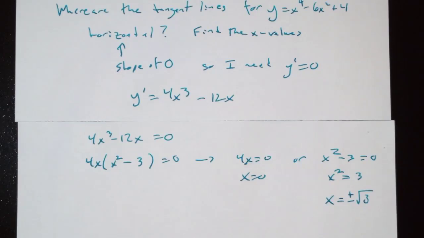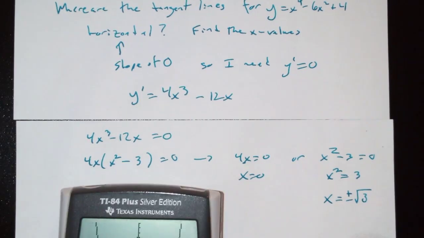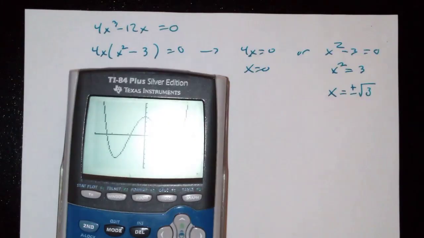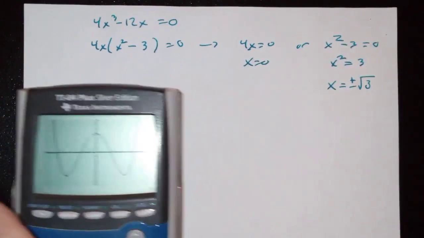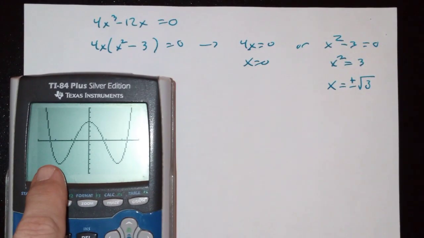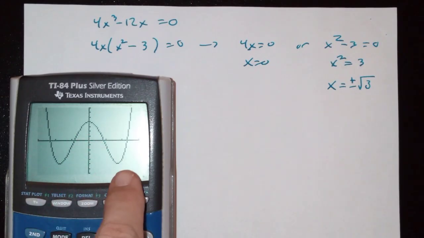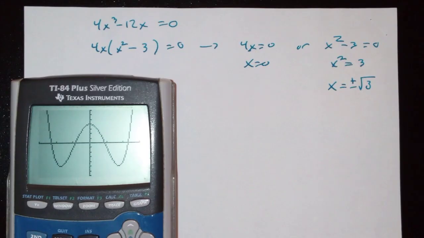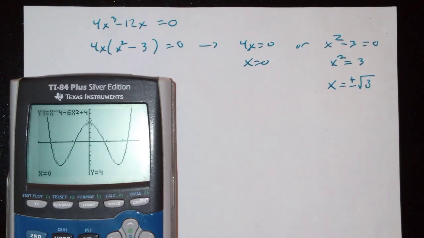Does this match up with the picture we saw? One on the left, one at 0, one on the right. I can even check. If I hit the trace button, when x is 0, y is 4, and I appear to be up at that top there in the middle, my tangent line should be horizontal there.